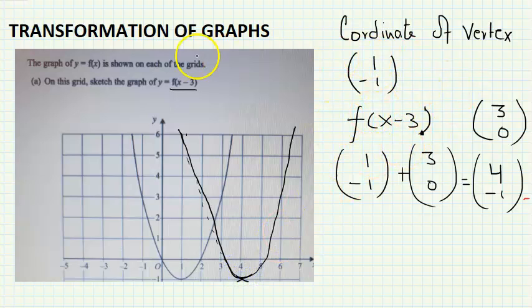Even here you can see, because this is minus 3, so it will jump 3 points: 1, 2, 3. So this is the vertex. So that's how these are the coordinates, and this is the figure of the new graph under the condition y is equal to f(x minus 3). Let's move to the second question.